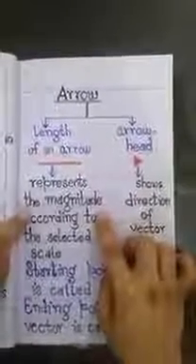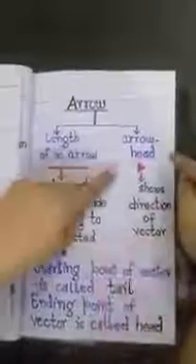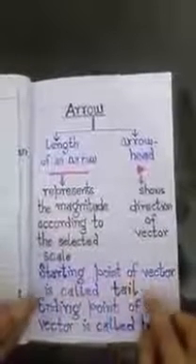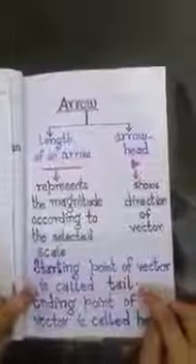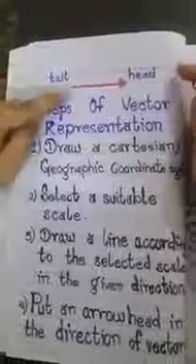The first part is the length of the arrow. It represents the magnitude of the vector according to the selected scale. The second part is the arrowhead. It shows the direction of the vector. The starting point of the vector is called the tail. The ending point of the vector is called the head. Here is the diagram of an arrow showing its head and tail.